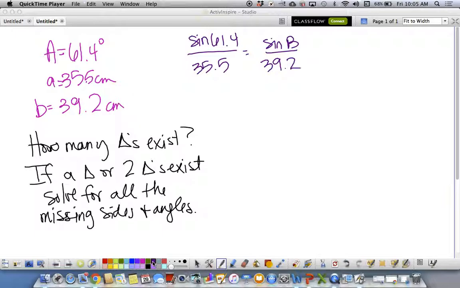You're going to use the law of sines to find the angle opposite the other side you're given. Going to cross multiply.